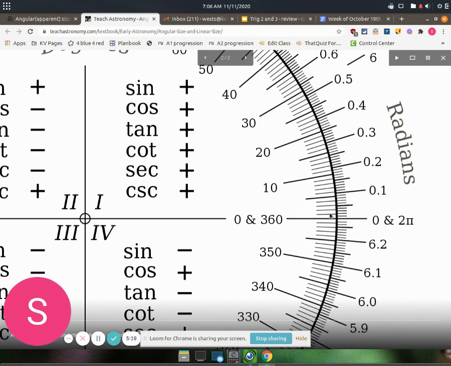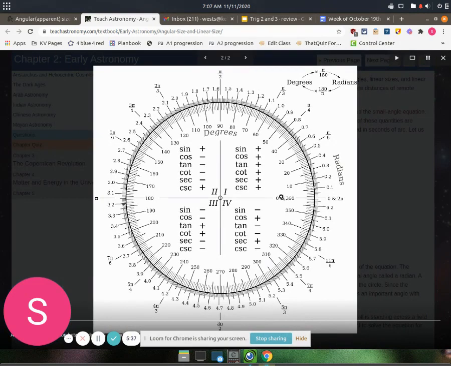So this would be 1 degree, 2 degrees. And they even have it broken down for radians as well. So if this is 1 radian, they have it broken down right here where this would be 1/2 of a radian. All right, and they make smaller and smaller tick marks. Anyway, they're going to be using really, really small angles. That's the idea. All right, we'll do some examples next.